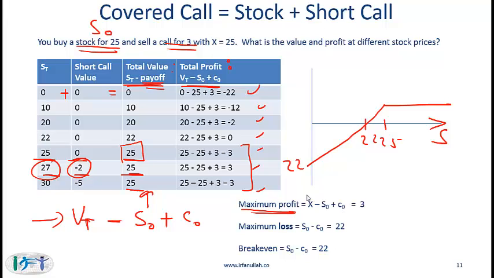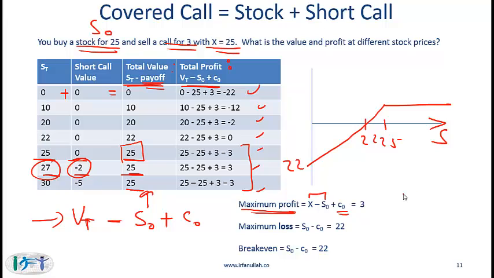In this simple example, I set it up such that the strike price and the initial stock price is the same. In other words, you bought a stock for 25 and you also went short on a call option with a strike of 25. So these two numbers cancel each other out. Your maximum profit then is C0, which is 3.